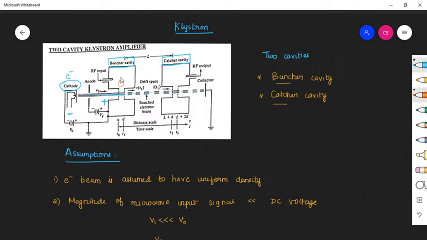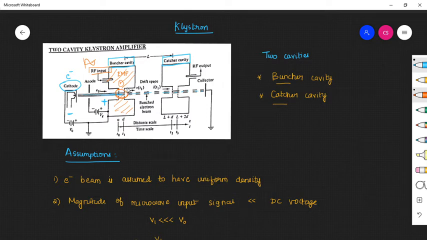In the buncher cavity, we provide an RF input signal of lesser amplitude that has to be amplified. This RF input signal induces an electromagnetic field in the buncher cavity. Due to the presence of this electromagnetic field, the electrons that pass through this gap experience some force.